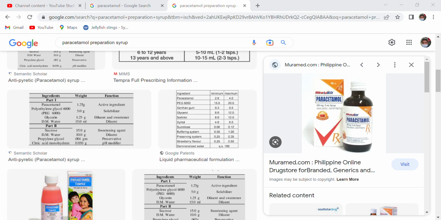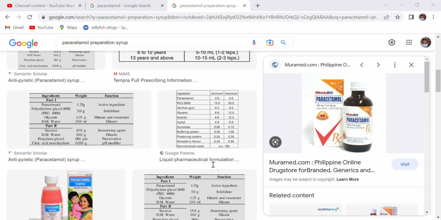The calculation: the recommended dose is 10 to 15 milligram per kilogram. If we use the middle, let's say 13 milligram per kilogram, you just multiply the 13 by 15, because this is the weight of your son.